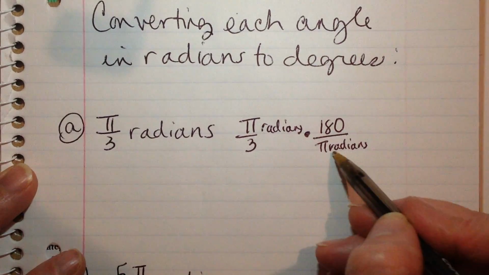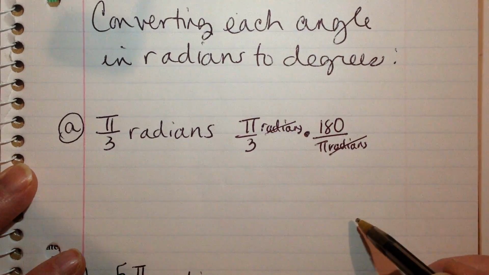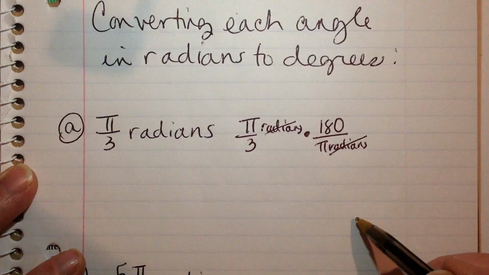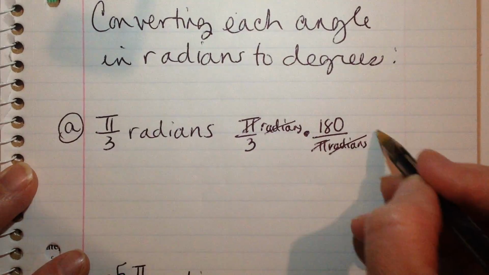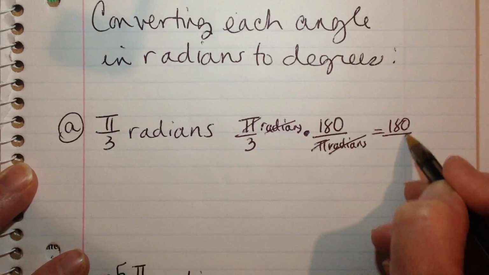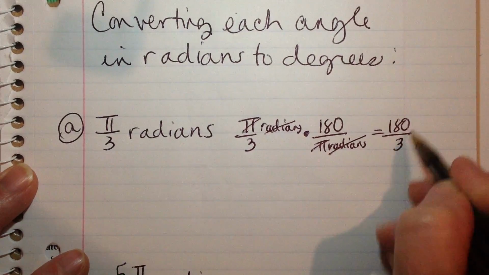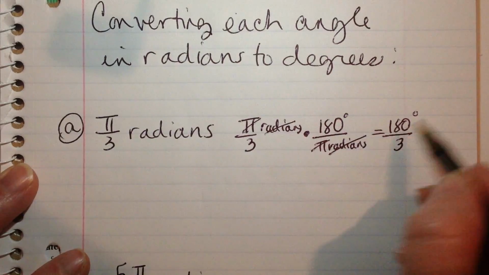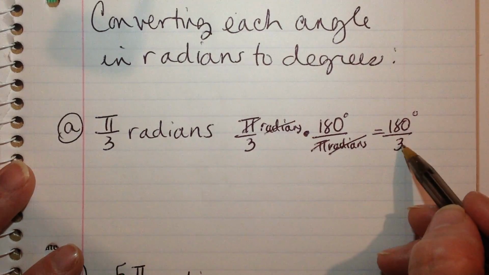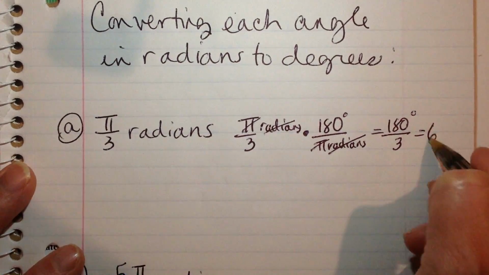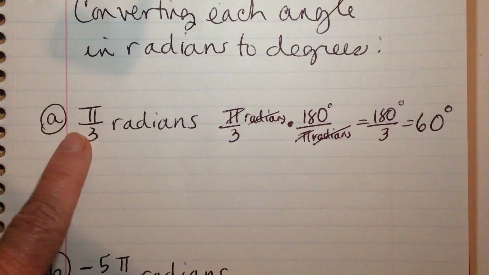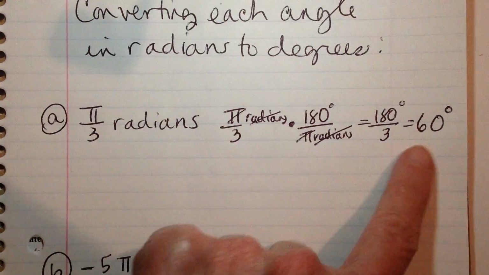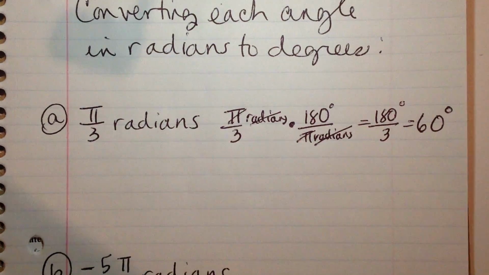When you do, the radians cancel, the pi's cancel. So I end up with 180 degrees divided by 3, which gives me 60 degrees. So pi over 3 radians is the same thing as 60 degrees.